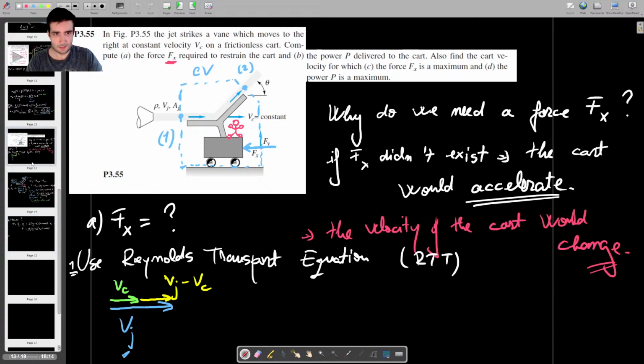And then for part C, we have to find the cart velocity for which the force Fx is maximum, and then in part D we have to find Vc for which the power is maximum.